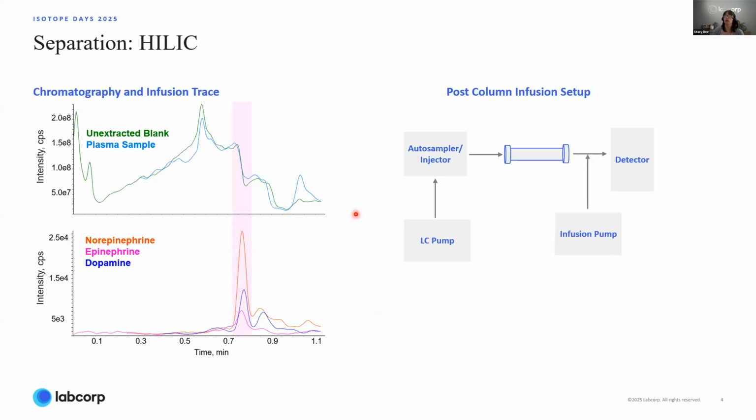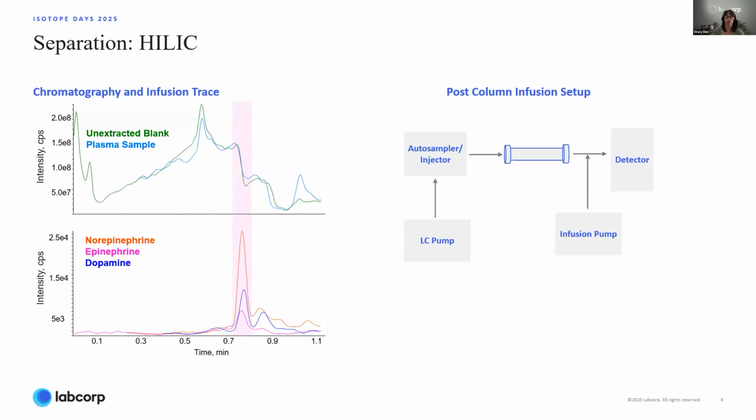And then we monitored that analyte response over time as we injected both an unextracted blank and a plasma sample. And what we were looking for was matrix effects and ionization differences.